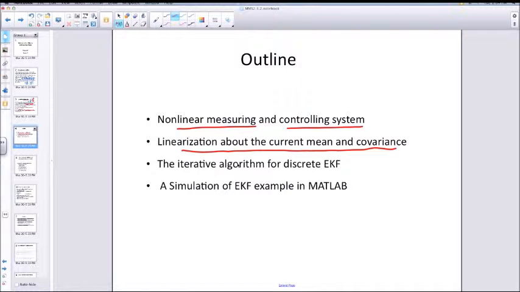And then we give you the algorithm of the extended Kalman filter, in short, EKF. And finally, we're going to give you an example in MATLAB.